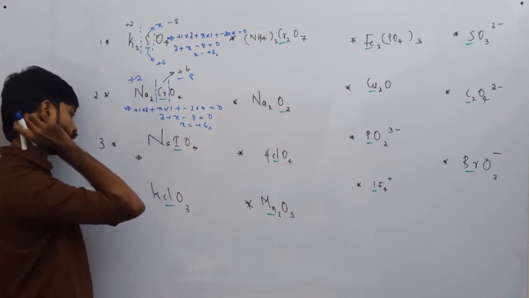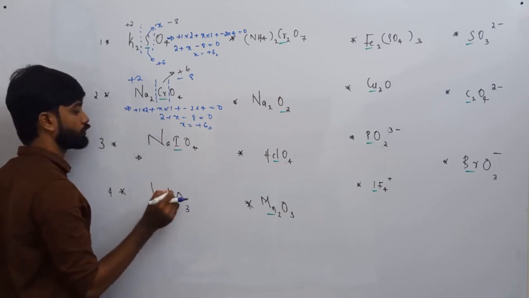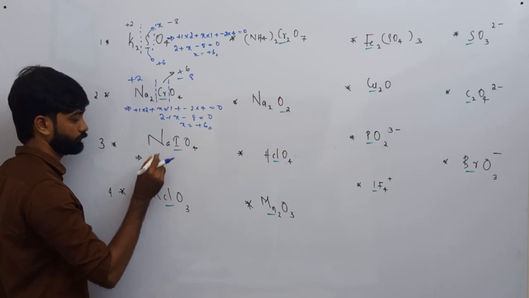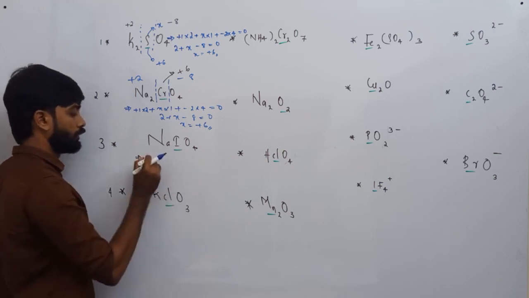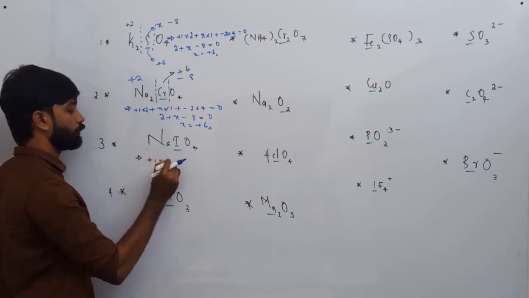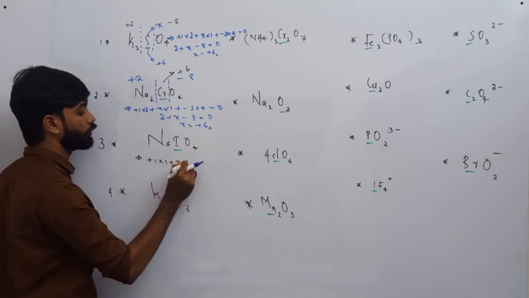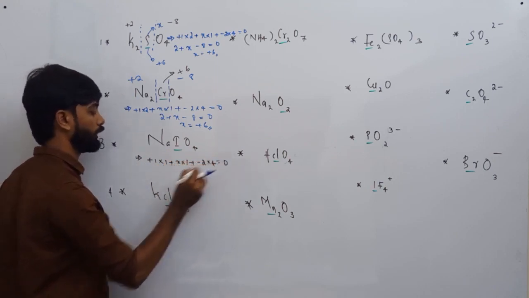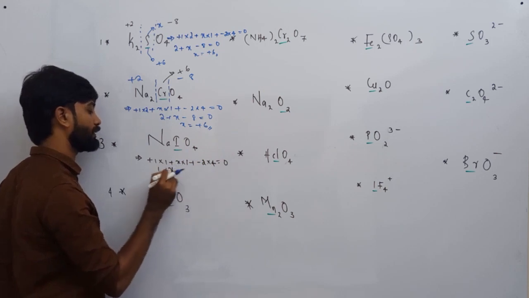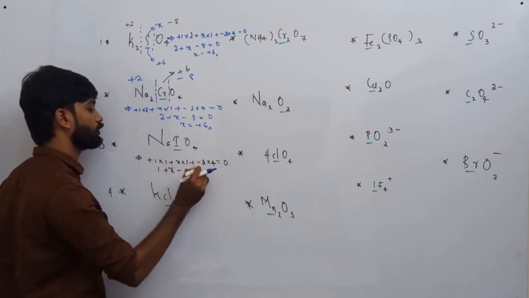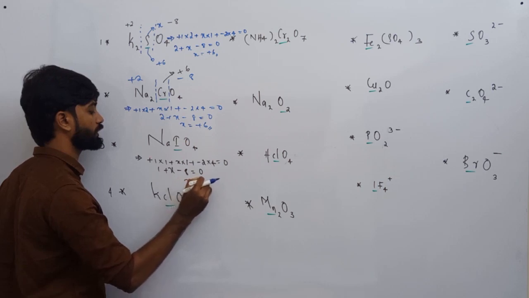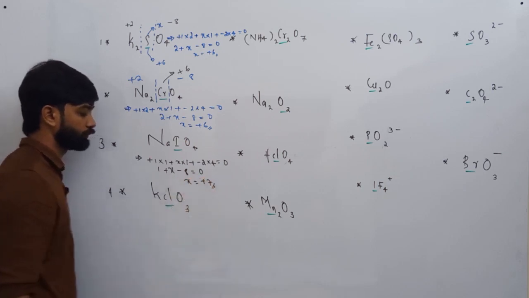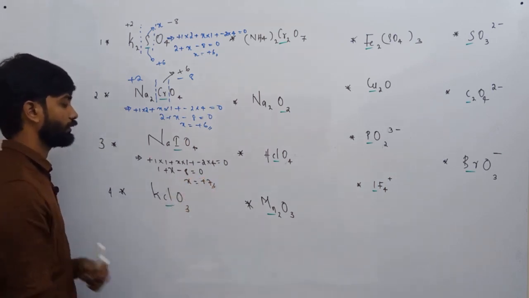Ready? Next, NaIO4, sodium periodate. +1 the sodium into 1 plus X iodine into 1 plus -2 into 4, that is equal to 0. So 1 plus X minus 8 equal to 0, which implies that X is equal to +7.